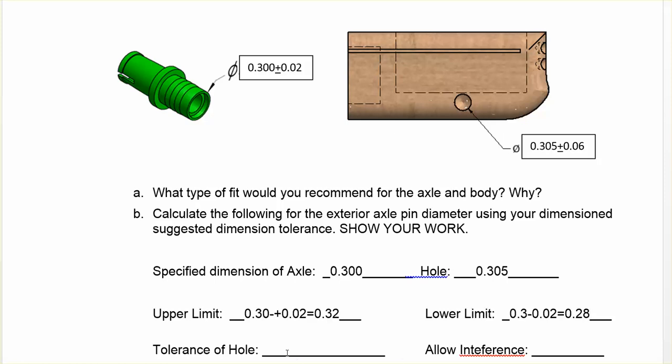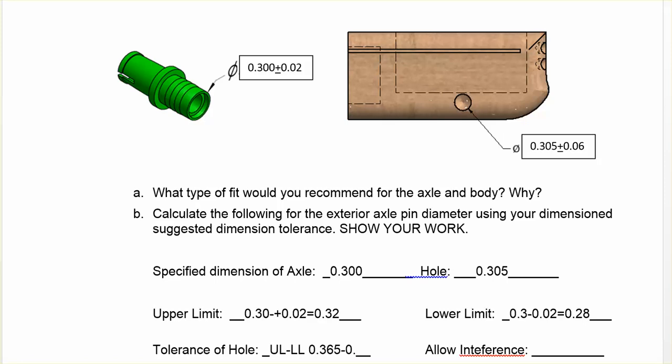So the tolerance of the hole. Well, I'm going to do that same thing over here. They've given us 0.06. So tolerance of the hole is the upper limit minus the lower limit. And in this case for the hole, the upper limit is 0.365 minus 0. And that's going to be 0.305 minus 0.06.